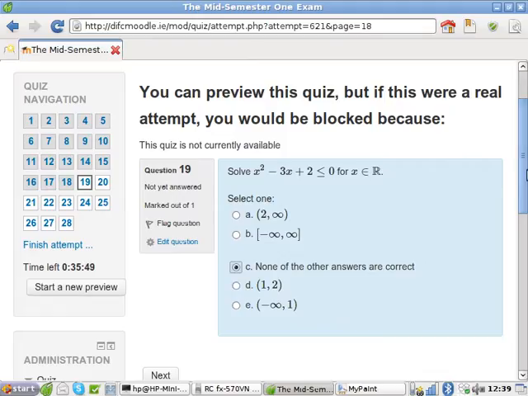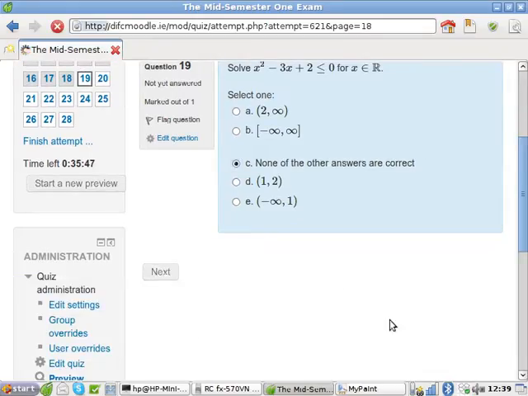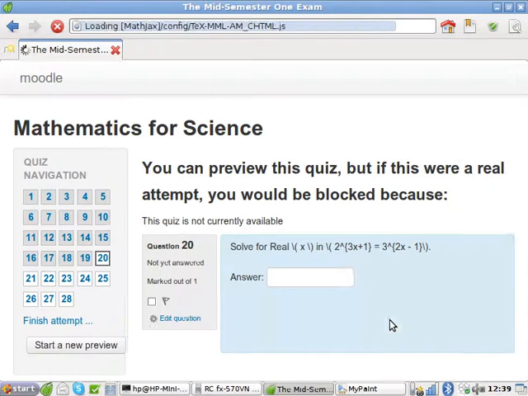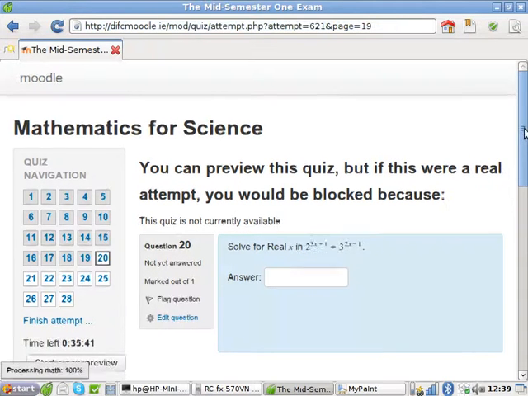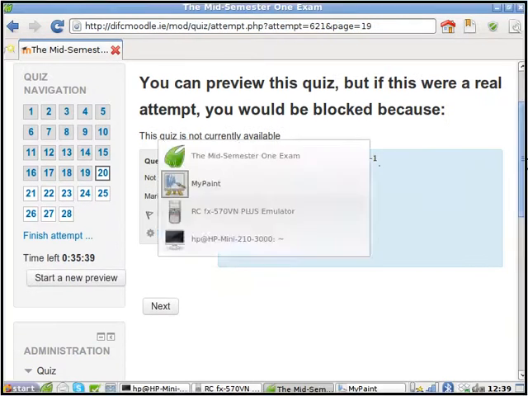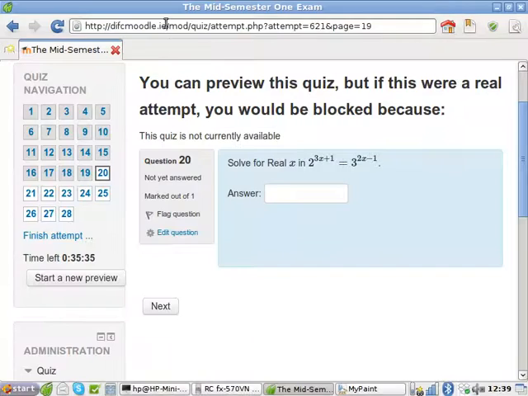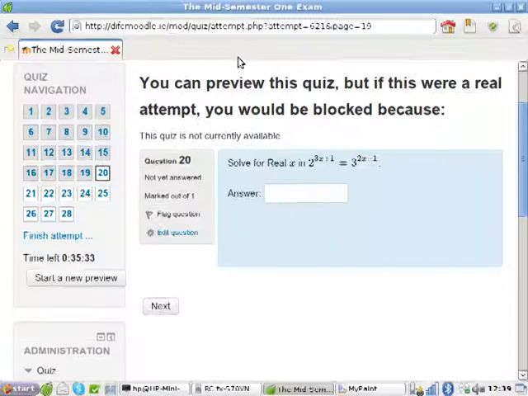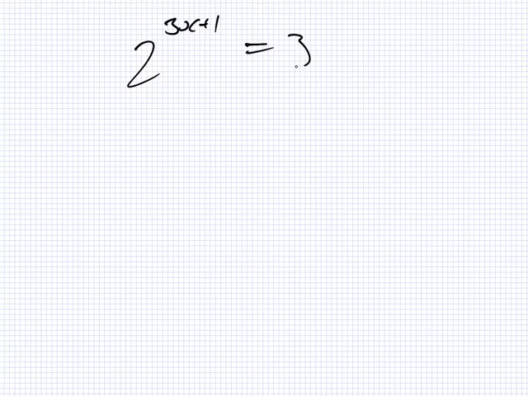Okay. Gotcha. Right, 20 now. This one: 2 to the power 3x plus 1 equals 3 to the power 2x minus 1. Okay, so first we put logs on both sides.